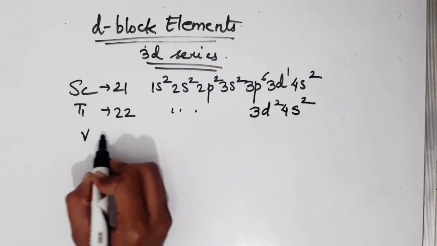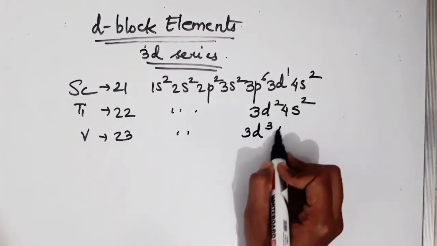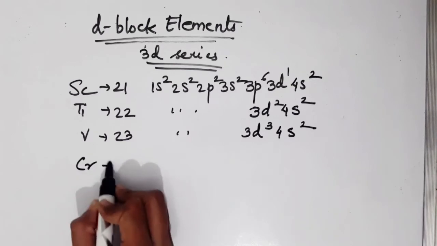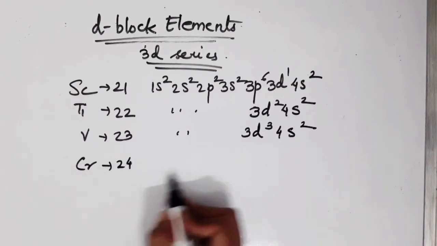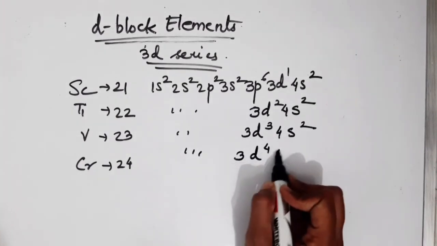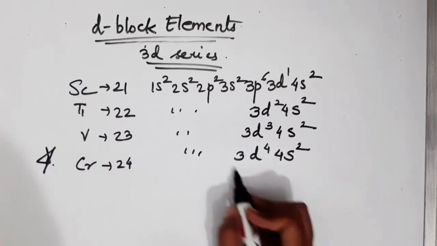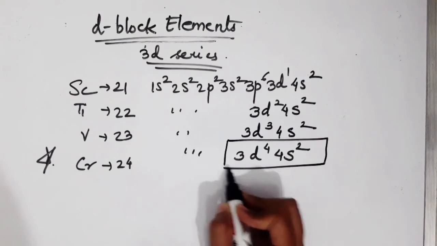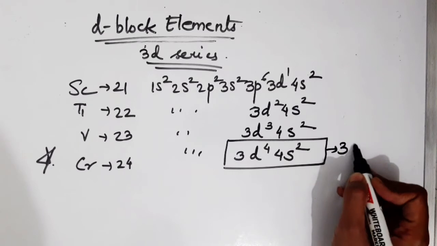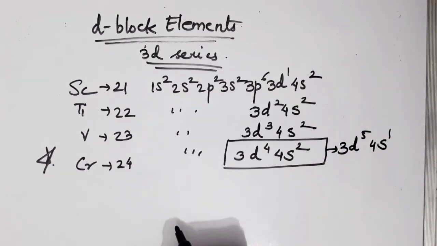Then you have vanadium, atomic number 23, 3d3 4s2. Then you have chromium, atomic number 24. Here this is an exception. According to the general rule it should be 3d4 4s2, but the original configuration of chromium is 3d5 4s1. The same exception is seen in the case of copper also.